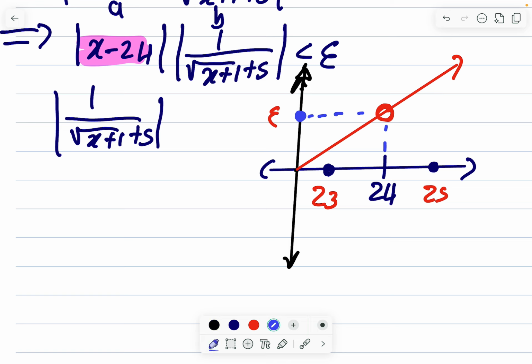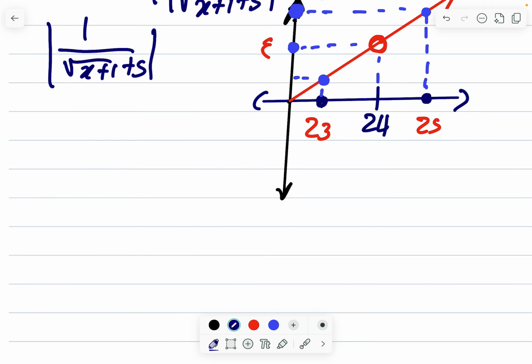So let's check the function value here. Since here is defined, what is it equal to? And also here, since here is defined, what is it equal to? So what is our interval? We know this 24 is between x greater or equal to 23 and x less or equal to 25.